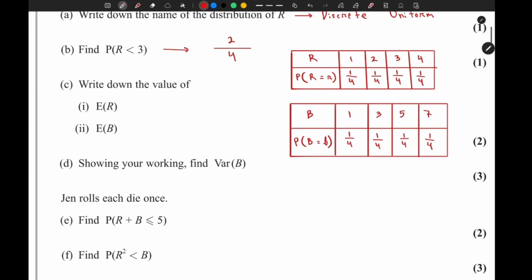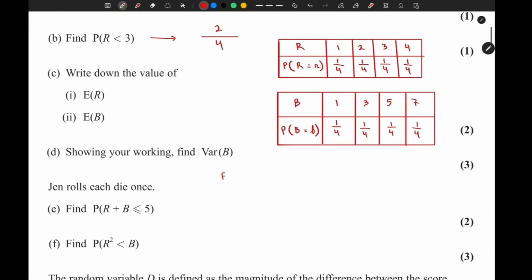Now in order to find the expected mean of R, the formula is E(X) equals the summation of x times the probability of X equals x.